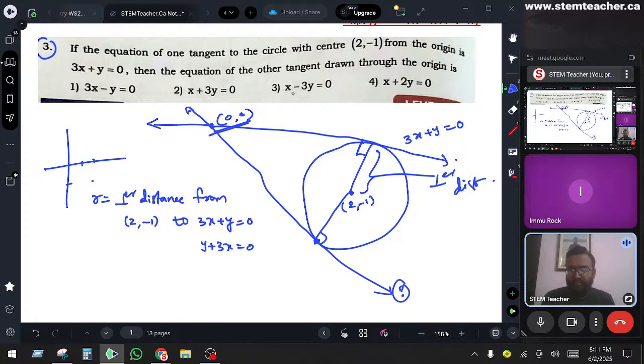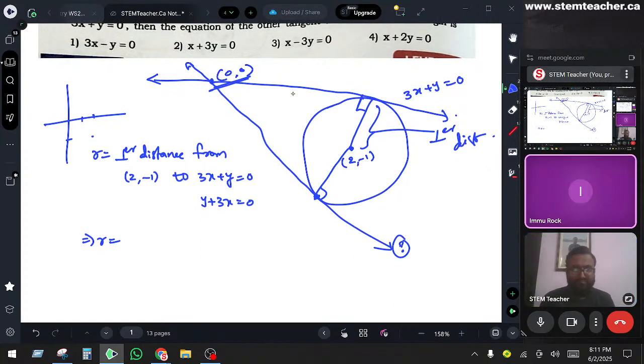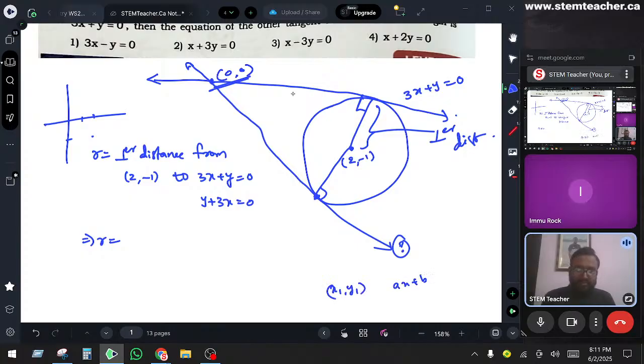So what is the perpendicular distance formula? What is the perpendicular distance from point to line? For example, x1 comma y1 is a point. Ax plus by plus c is equals to 0 is a line. What is the perpendicular distance?